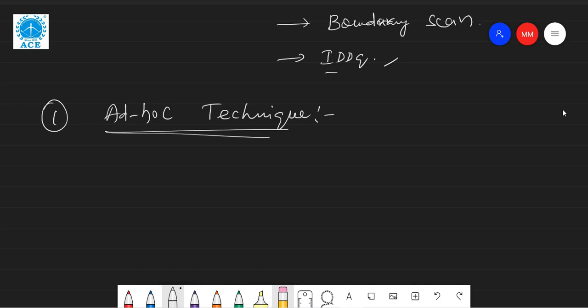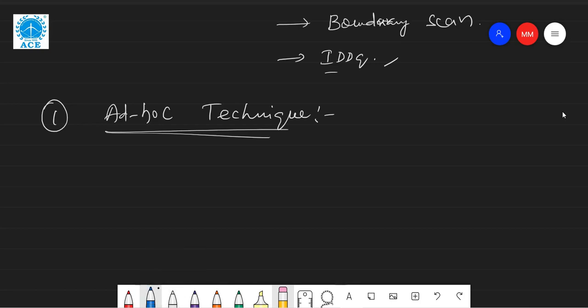If you are testing one particular circuit or design and structured techniques are not available, then go with this. Basically, this technique is used for very small circuits in industry. If structured techniques are available, go directly with them, because the ad hoc technique is used for specific designs only, not all designs, right?